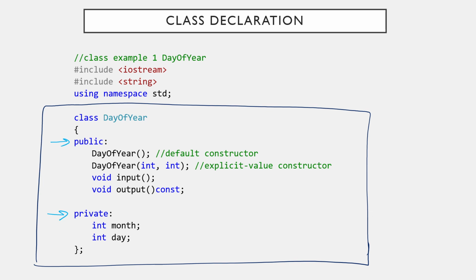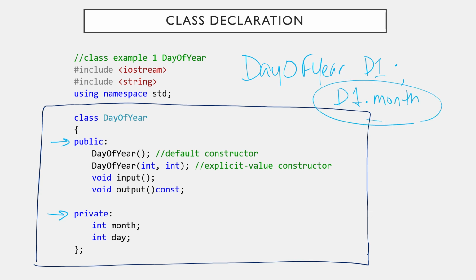Very good class design is to make your member variables private, so you can't declare a DayOfYear D1 and then go D1 dot month. You cannot do that outside of the class because it's private.